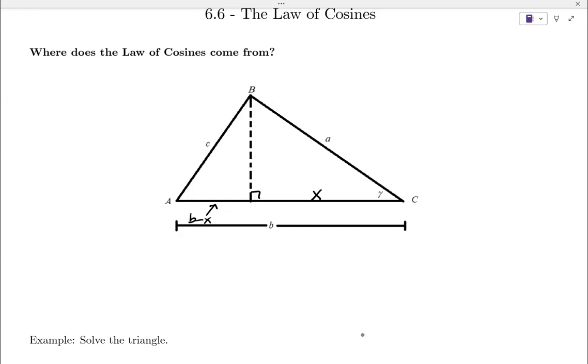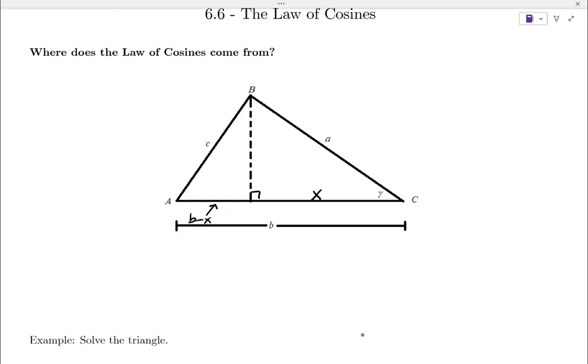All right. So let's see what pieces of information we can get out of all of this from just the trig that we know. Again, let's suppose that we know what the three sides are. Obviously, I don't know what x is. When I'm done, I want x to go away. So I need to get a couple of equations so that I can make x go away. That is our goal here.